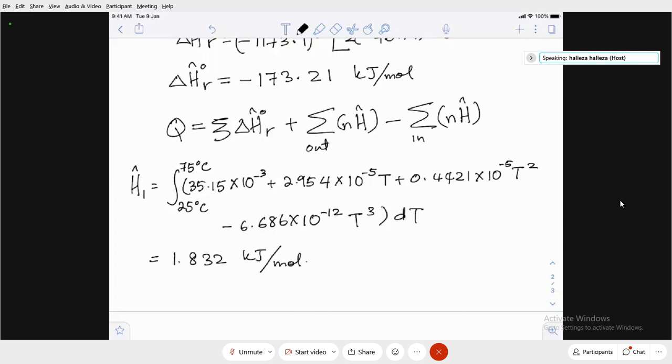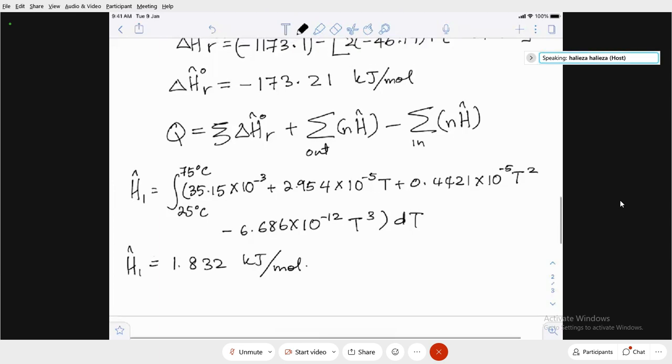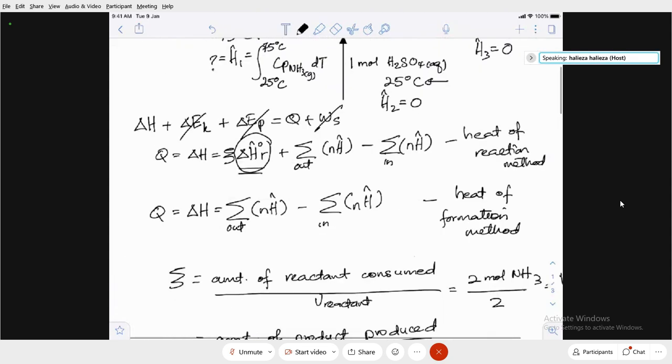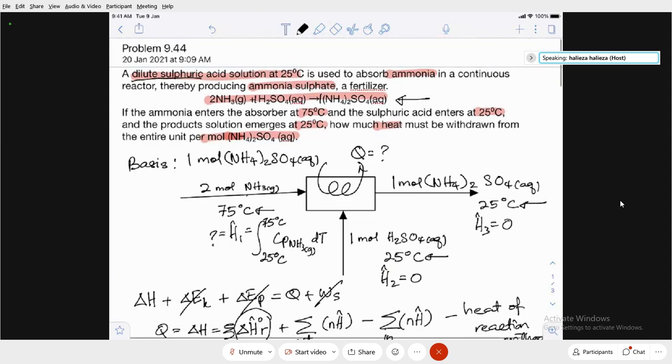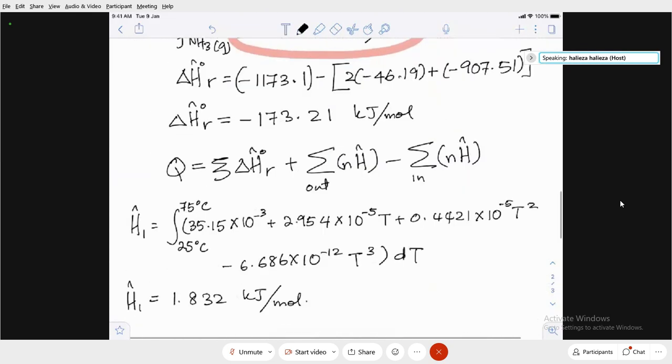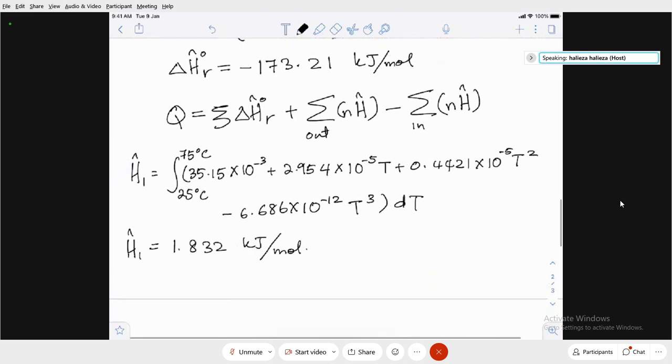Okay, so that is my enthalpy 1. I'm going to write that down in my block diagram, 1.832. If you come up with a different answer, please tell me. So now everything is there except to calculate your Q. So we're going to substitute these values inside our final equation. And that is our final equation.